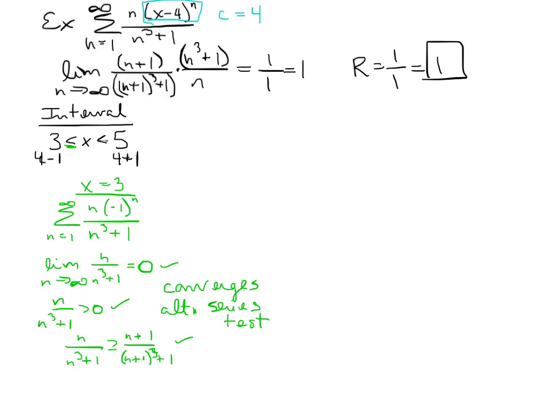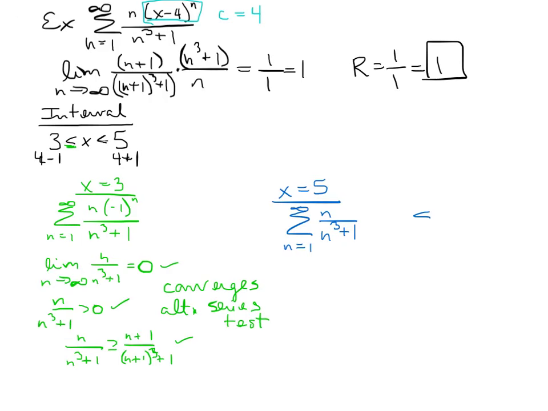Then we need to check and see what happens when x is equal to 5. So if I plug that in, I've got n over n cubed plus 1. 5 minus 4 is 1, and 1 to the n is 1. Now, when I look at this series and I see that it's polynomial over polynomial, I like to use the limit comparison.